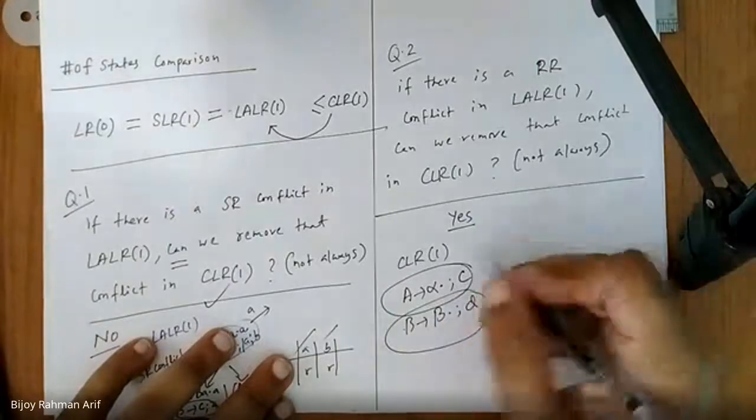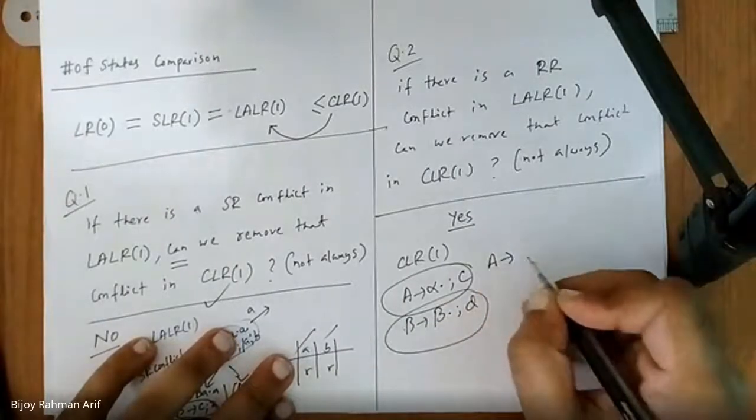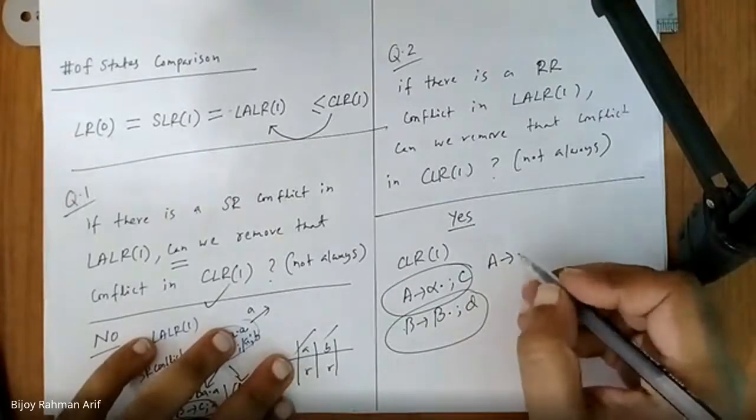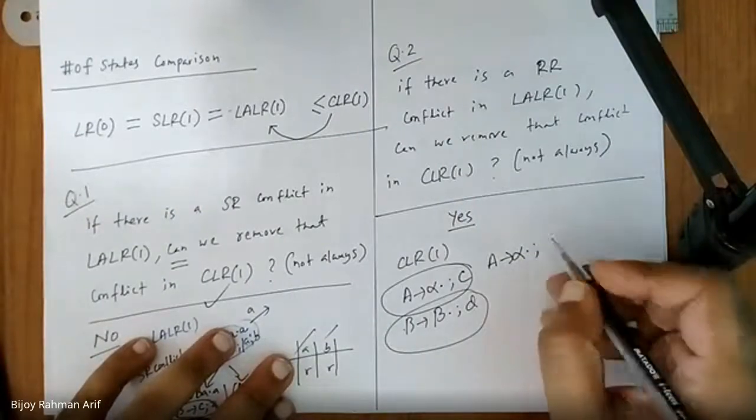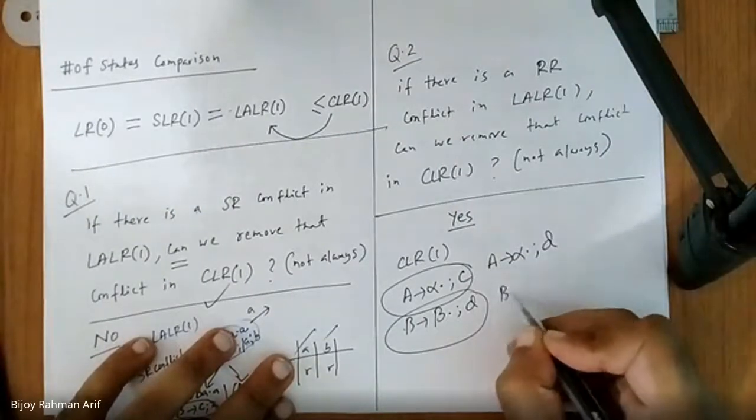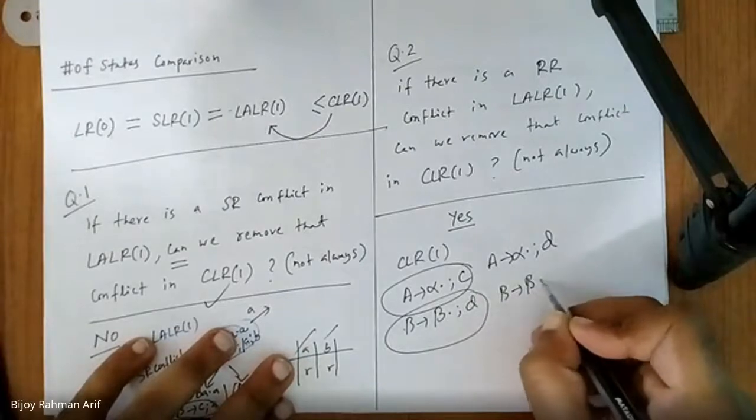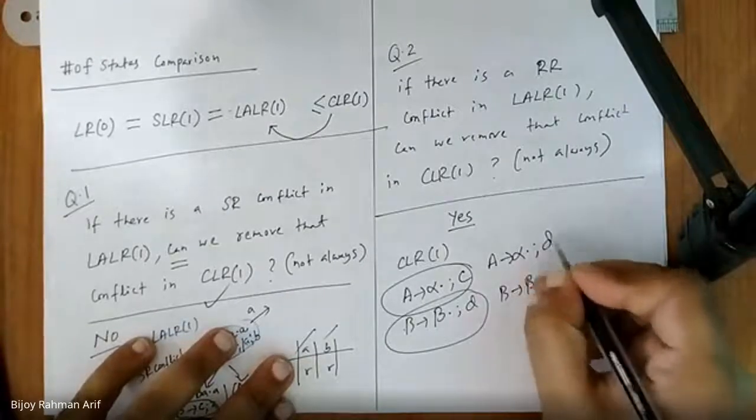And another place I have something like this. A derives alpha dot, lookahead is nothing but D. And I have here B derives beta dot, I have lookahead C. So it is also fine.